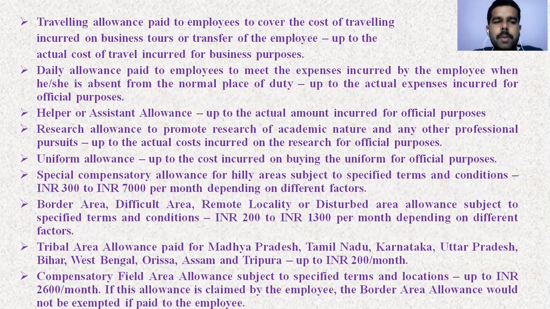You observe in some departments, helper or assistant allowance is also allowed up to the actual amount incurred for official purpose only. Research allowance, to promote research of an academic nature and any other professional pursuits, up to the actual cost incurred on research for the official purpose.